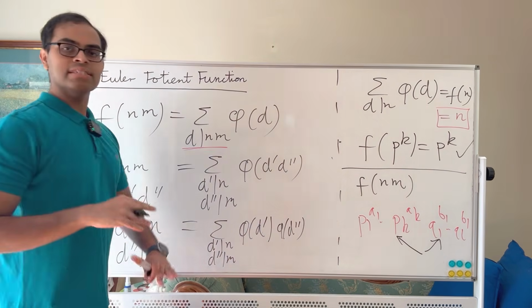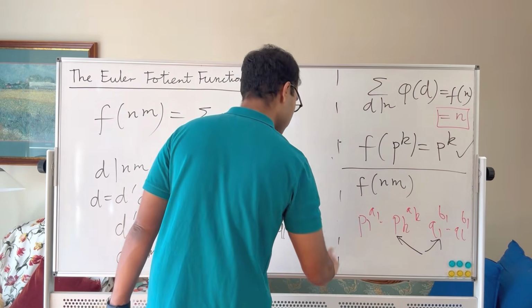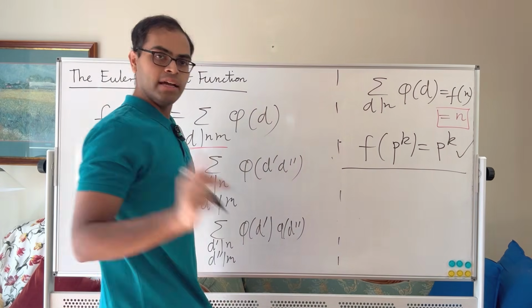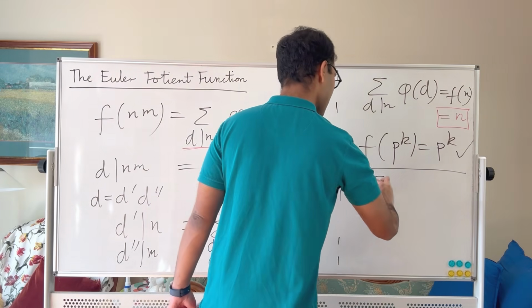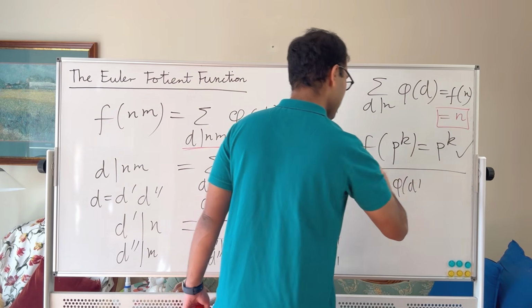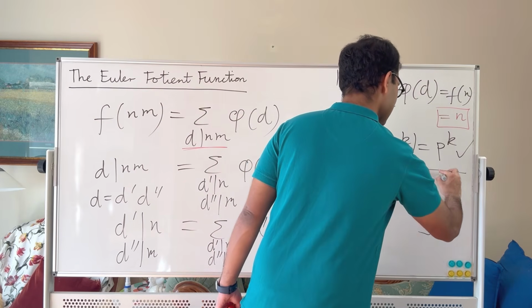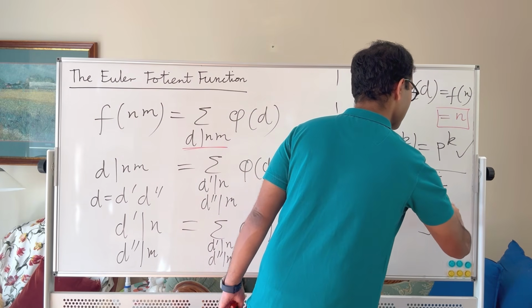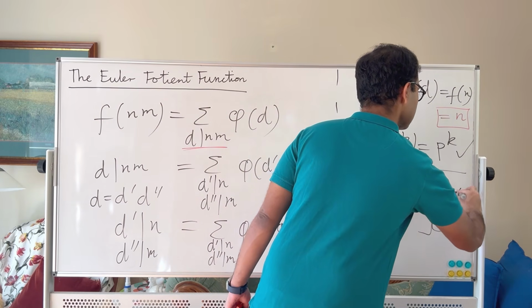And now we can write this as a product of two sums. I'm going to do that on the right side of the board. It's now going to equal the sum over d prime dividing n of phi of d prime, multiplied by the sum over d double prime dividing m of phi of d double prime.